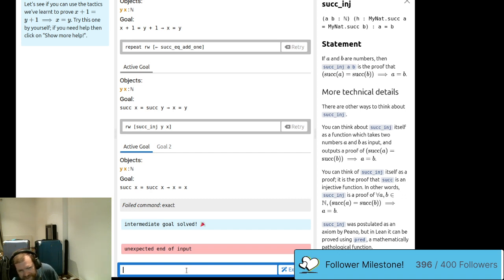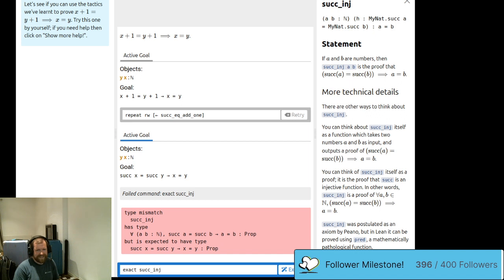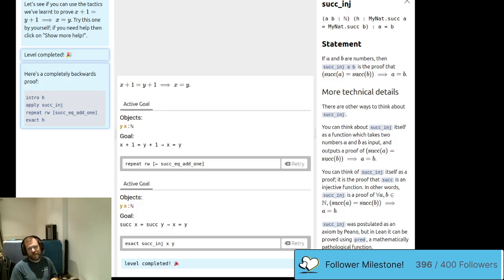Failed attempt, but at the same time, somehow it worked. Hey, there we go. It is the exact successive injective of xy. There we go.